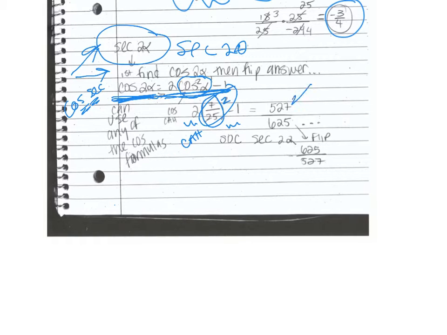You get 527/625, but then because it's secant, you have to flip that value. And because your triangle was in the 4th quadrant, and all students take calc, we know that only cosine and secant are positive here.